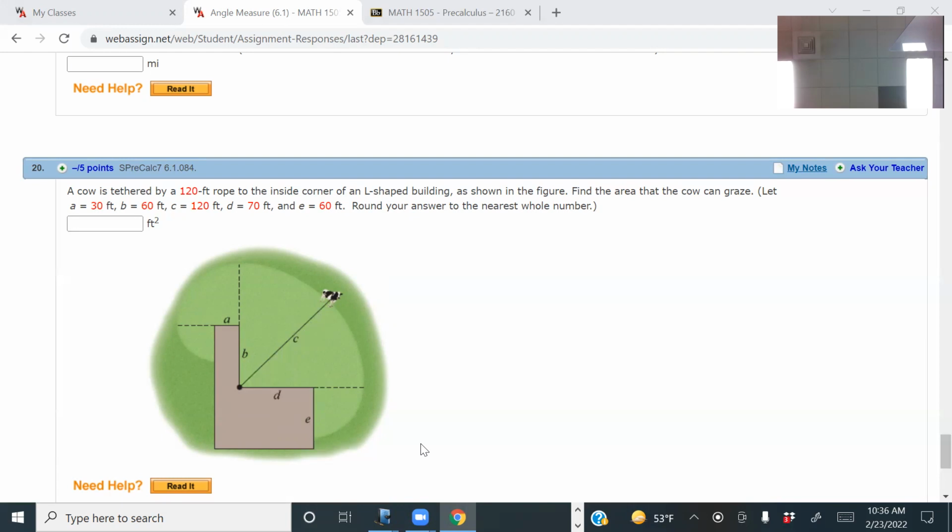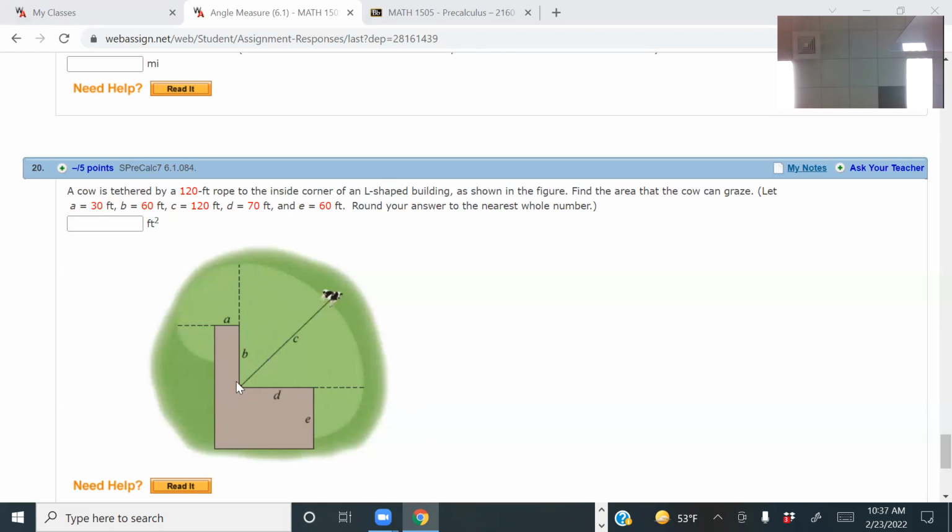So if you think of the cow walking around in that field, tethered to that rope, obviously this big quarter, this big section of the yard, the cow can graze.